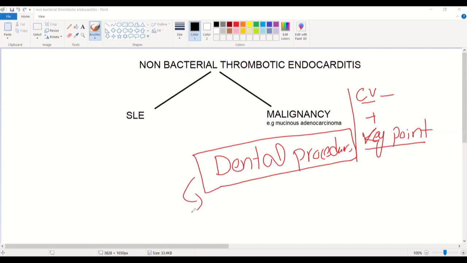Which microorganism? Subacute, Viridans. Viridans, right? So this kind of stuff. They then ask about the mechanism of this organism, how it leads to this pathology. So how does Viridans lead to infective endocarditis?